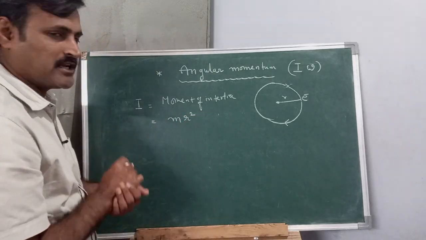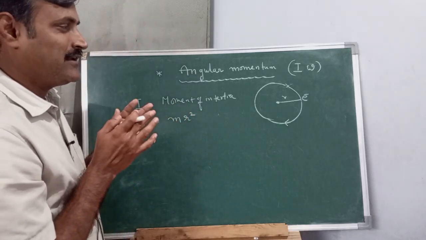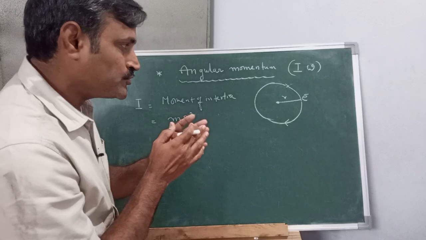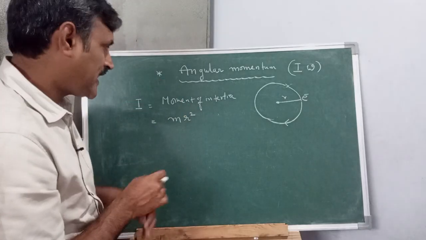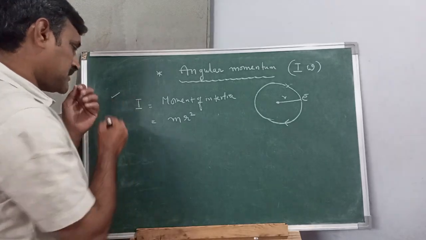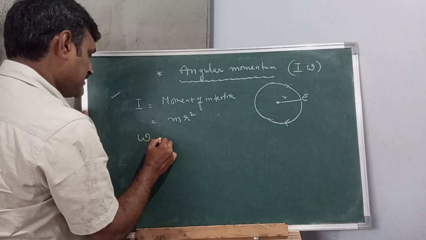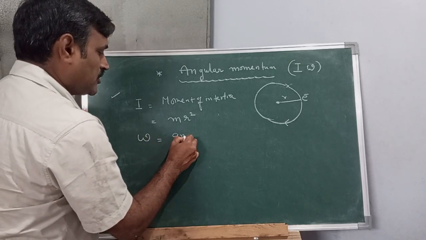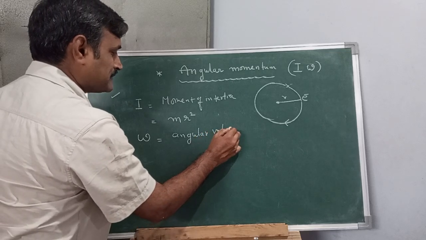This is actually required for any particle which continues to move in a particular path. Okay, so this is one part. The other one, omega, is called angular velocity.